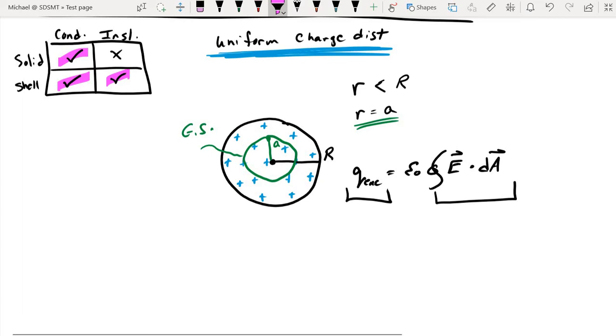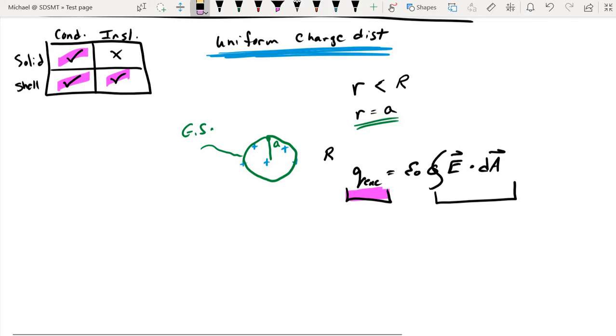It has to be contained. And so what we could do to make our lives easier is we could say, well, if all of this charge outside of our container doesn't contribute, why don't we just get rid of it?